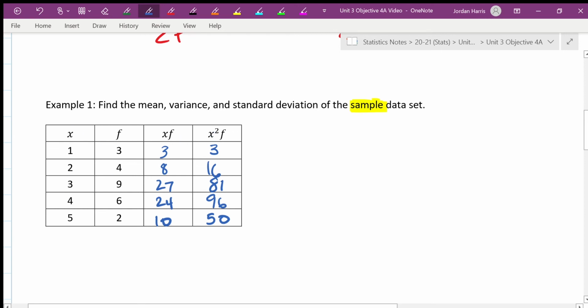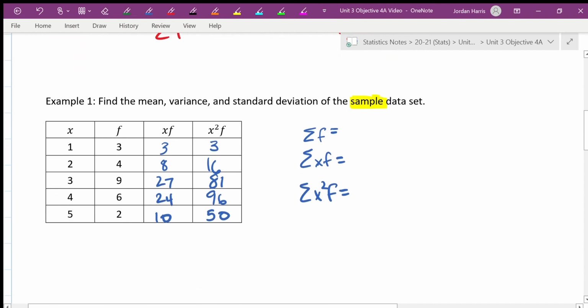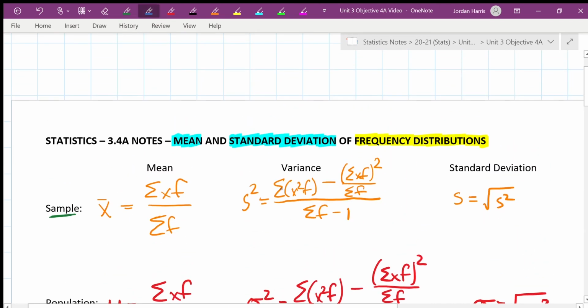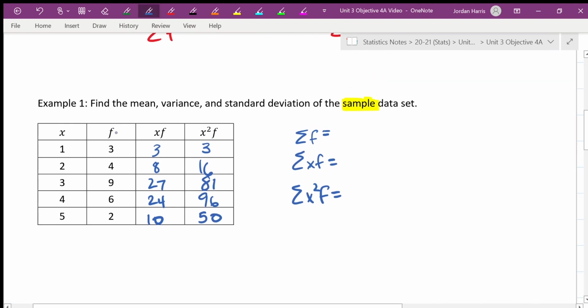Okay, and we need 3 sums. Notice we have 2 of them we use in the mean, and then we have 3 that are in the variance. Okay. Sorry, I should be talking about the sample data because we're dealing with sample, but the same idea. Okay, so sum of f, add up all the frequencies.